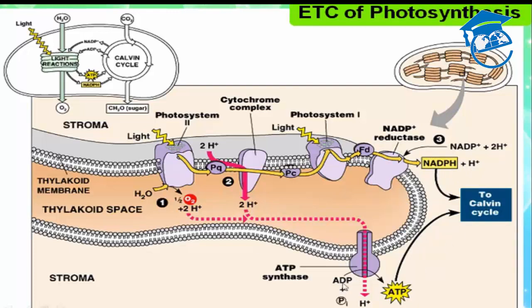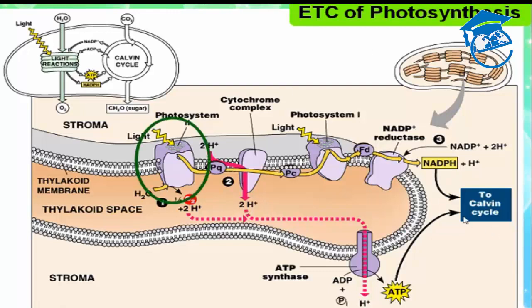And from here ATP synthase allows hydrogen ions to get transported out, and ADP along with inorganic phosphate gets converted into ATP, and this ATP goes to the Calvin cycle, and it acts as a reactant for the Calvin cycle, that is the dark phase of photosynthesis, that is light independent. That means it doesn't require light to carry out the process, okay.